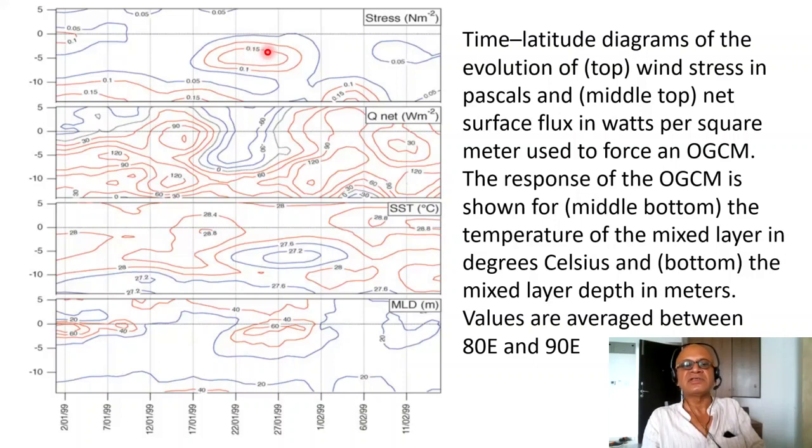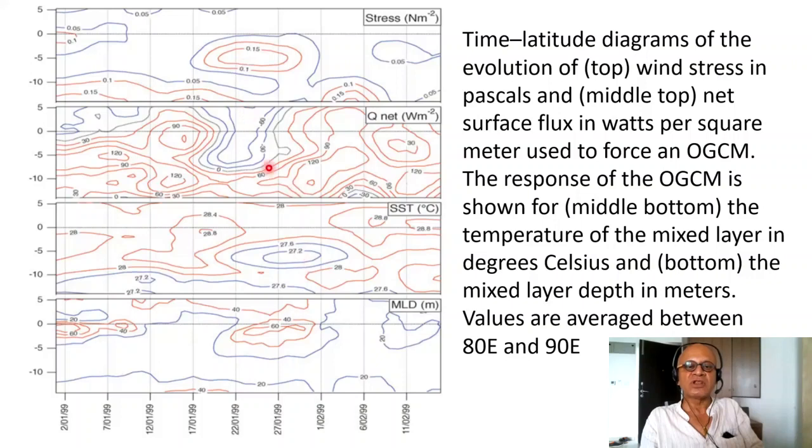This is at intraseasonal timescales, and you can see the associated response in terms of the increased latent heat loss. So there are negative flux anomalies or intraseasonal signal, and this is from a forced ocean model. So you can see the sea surface temperature cooling with a lag here.